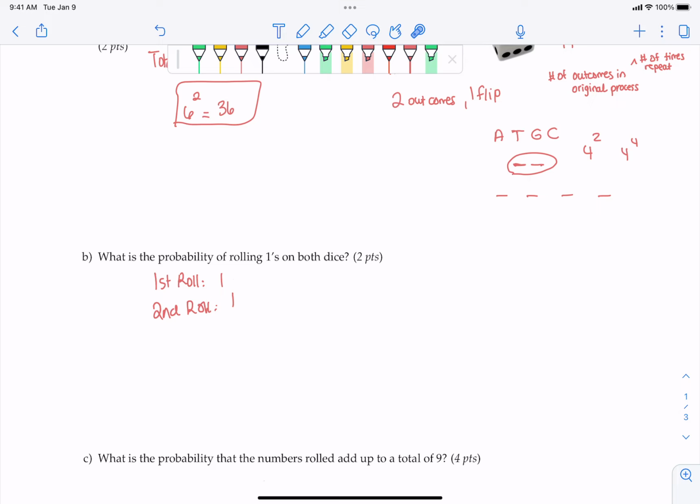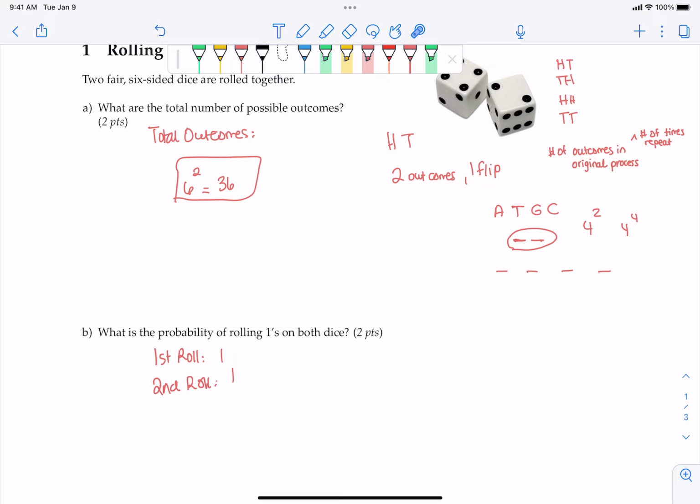So any subsequent trials or repetitions of an independent process do not depend on any previous trials. All your repetitions are completely independent of one another. The object has no memory of previous events. So the dice don't know that they rolled a 1 the previous time. Each trial is kind of its own thing, right?